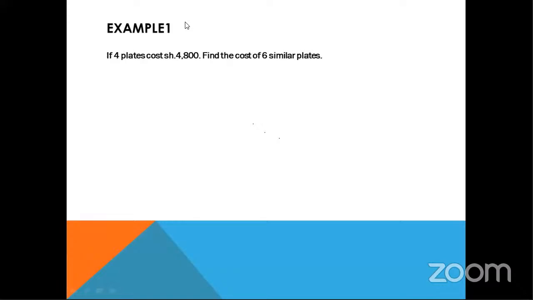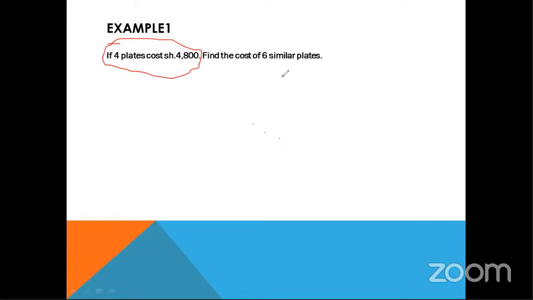We need to deal with this statement here, before even we go to find the price of 6. What I have put in that circle is what we are supposed to deal with first. In that case, we are supposed to first find the unit cost of a plate. 1 plate, how much is 1 plate?